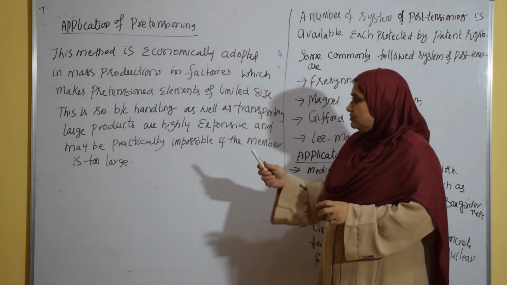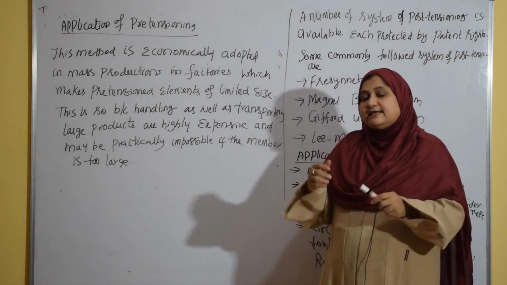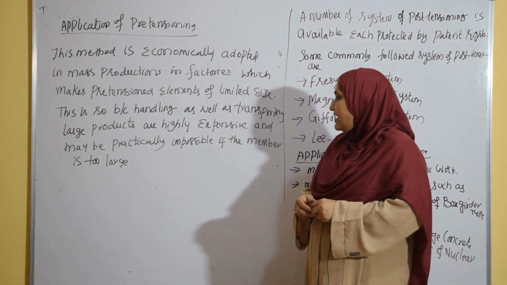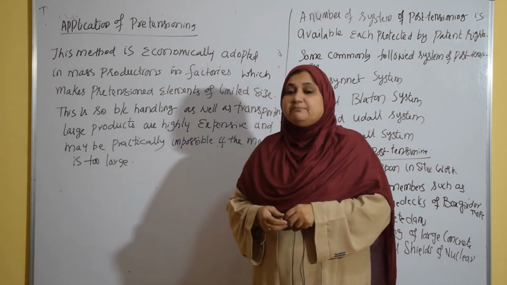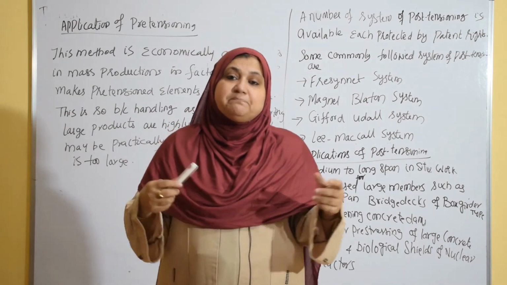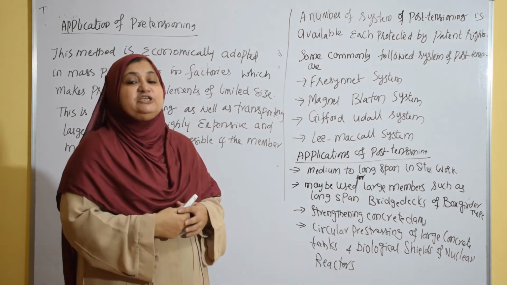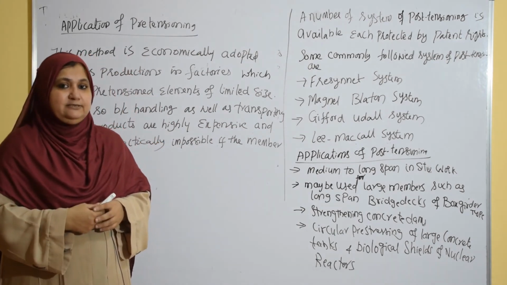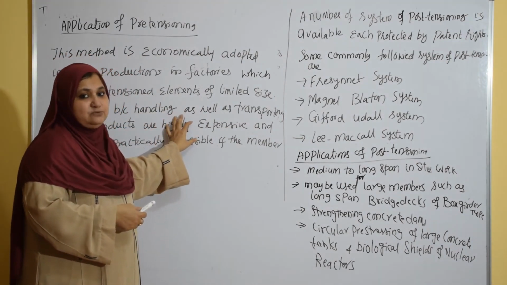Transportation of large size pre-tension elements is highly expensive and may be practically impossible if the member is too large, because we need very big trailers and trolleys to take those pre-tensioned elements to the site. So these are manufactured for small limited sizes only.